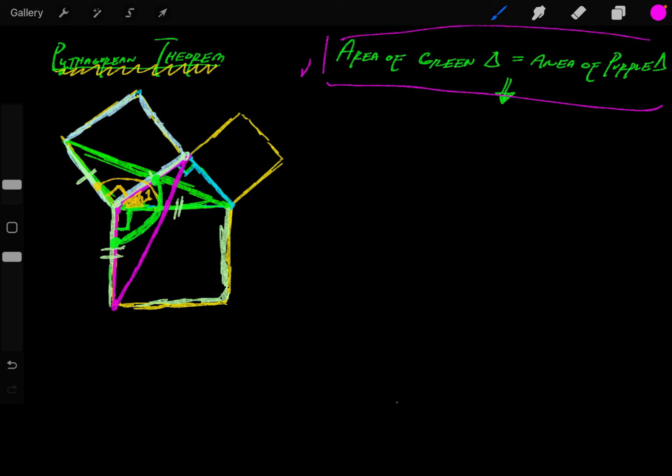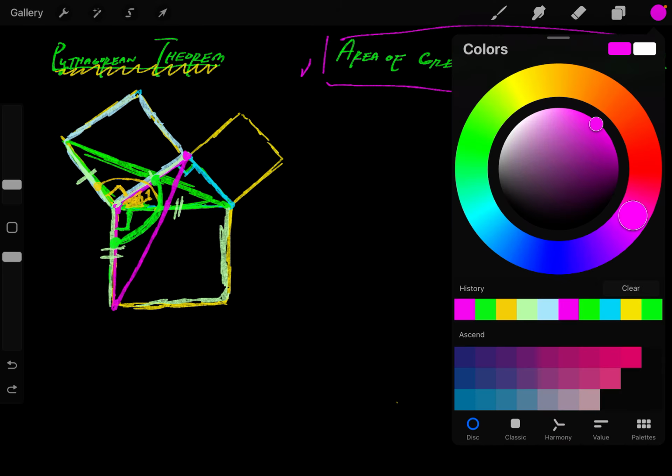Now what I want to do is draw a line from point P that's parallel to this side, or even perpendicular to this one down here. And we know we can do this from our axiom. I'm going to do this in a different color so it's a little more clear.